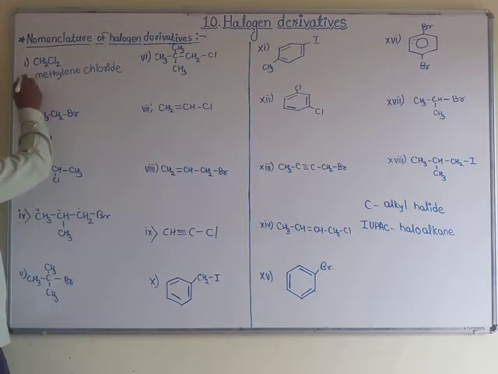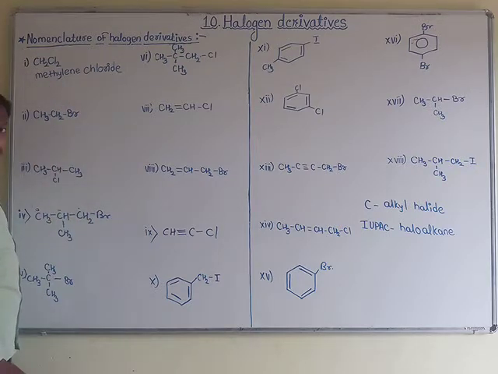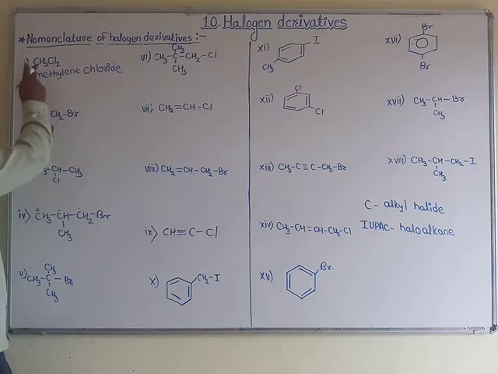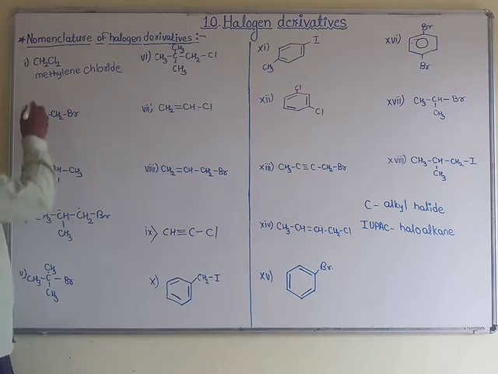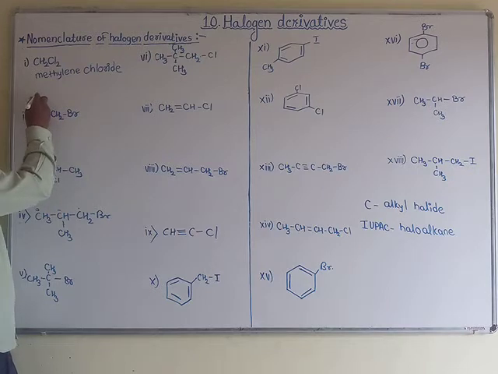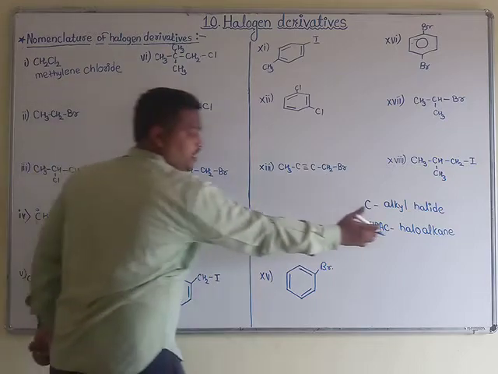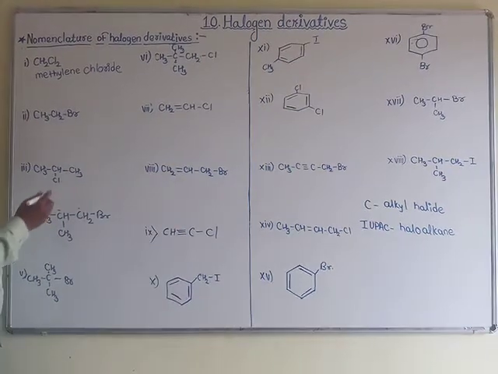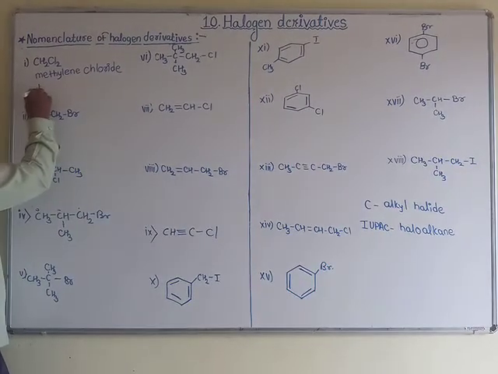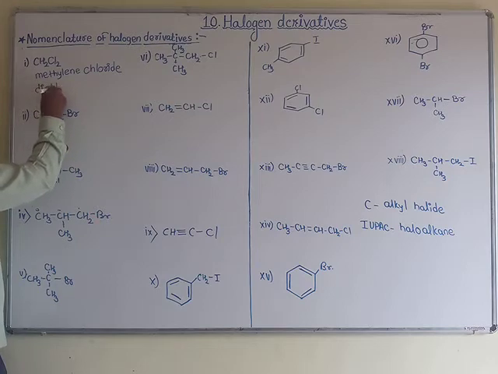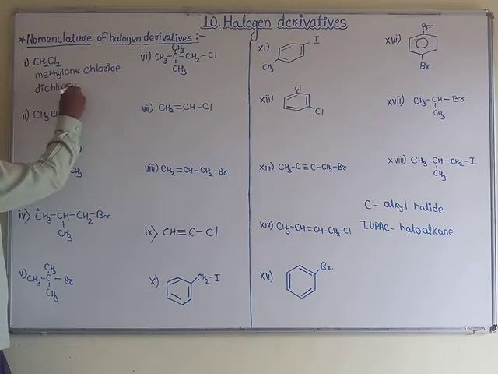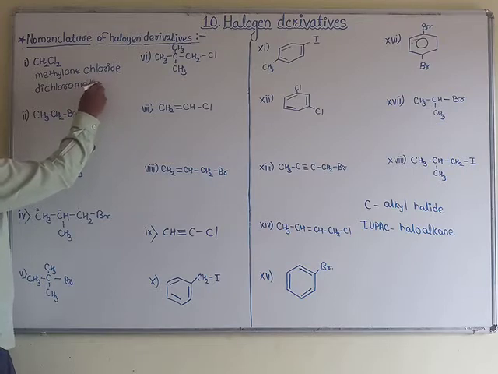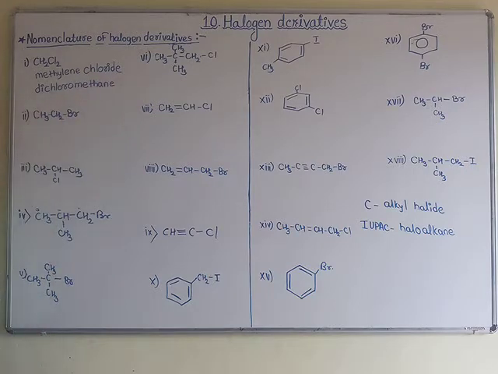This first name is the common name. Next, what is the IUPAC name of this compound? Here two halogen atoms are present and we are giving a haloalkane type name, meaning first the halogen atom, then its alkyl group. Dichloromethane is the IUPAC name of this first compound.